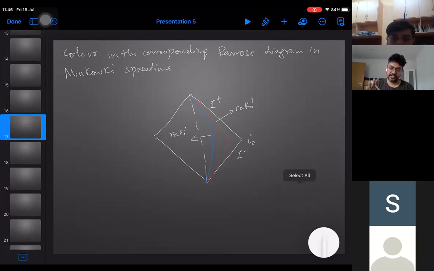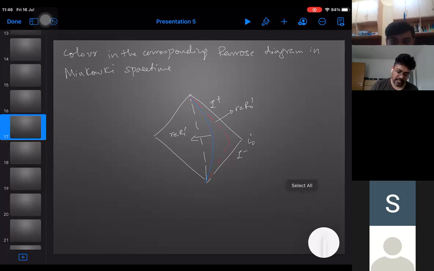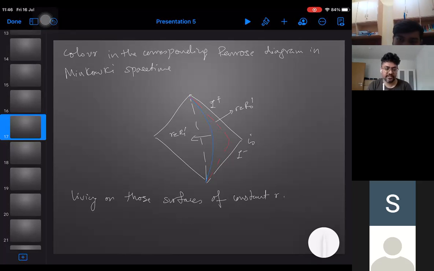So the relativistic CFT, which we had before in AdS, can be thought of as living on those surfaces of constant R. So the corresponding non-relativistic CFTs would live on the surfaces of constant R in the Minkowski spacetime.